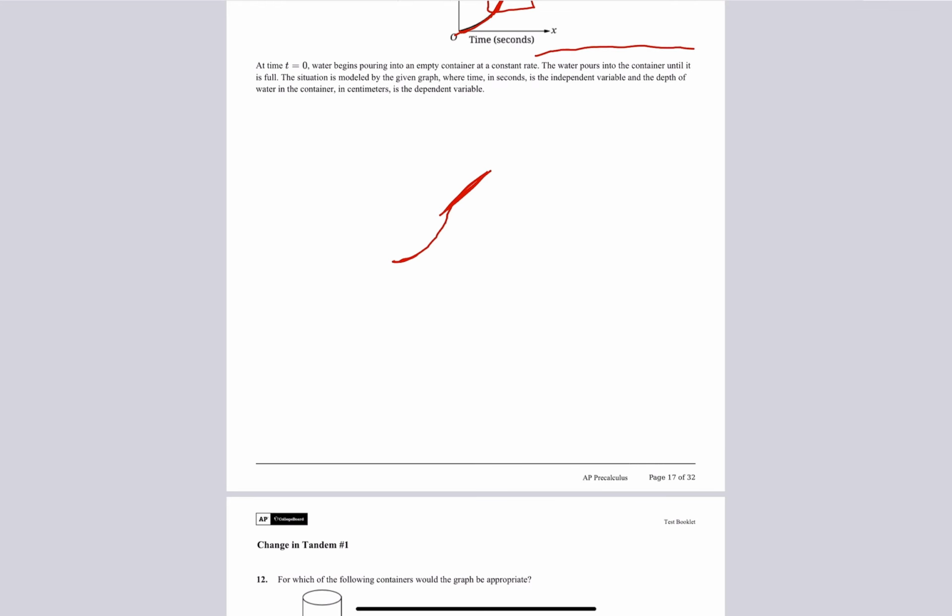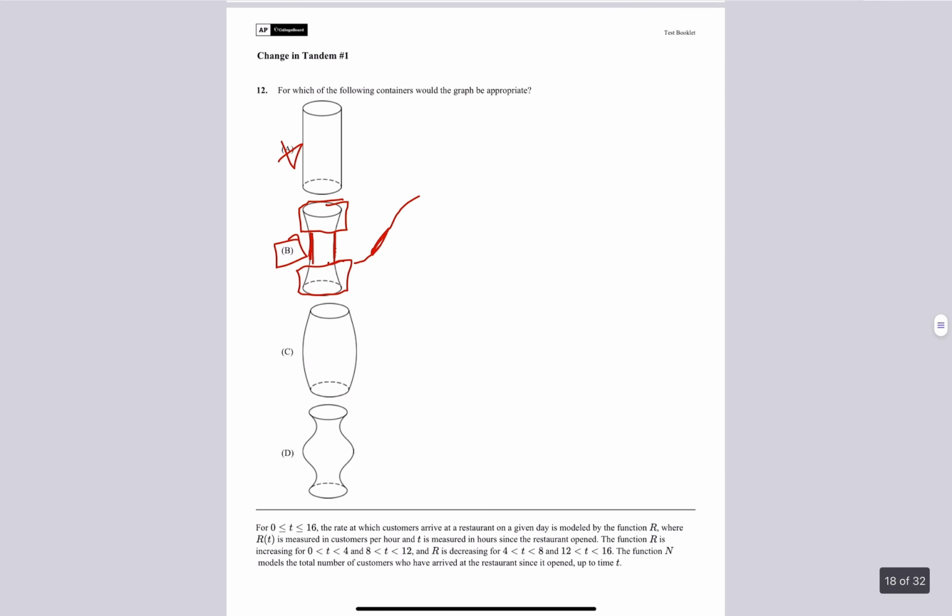It's taking some time at the bottom. So it's the opposite. D is the opposite of B. And D is out. Same with C. The answer is definitely B.